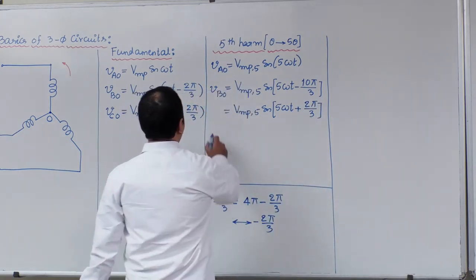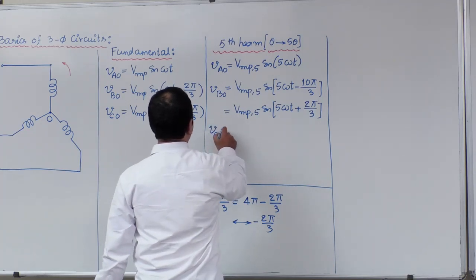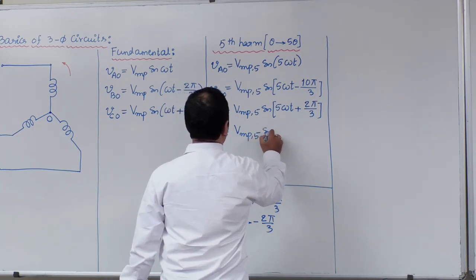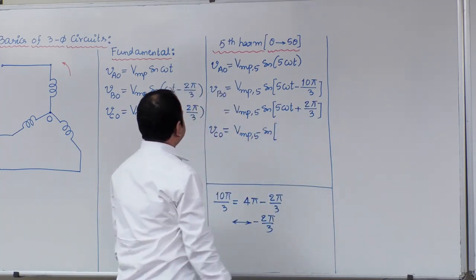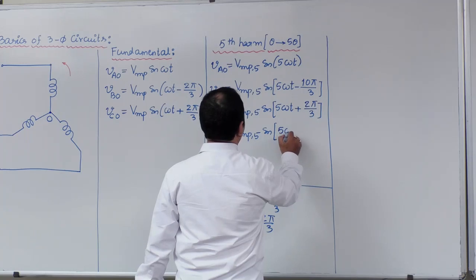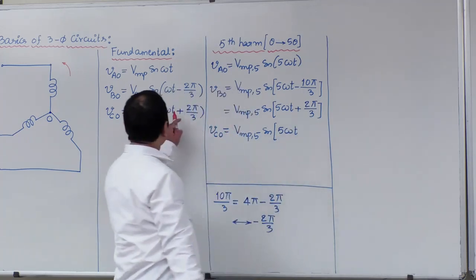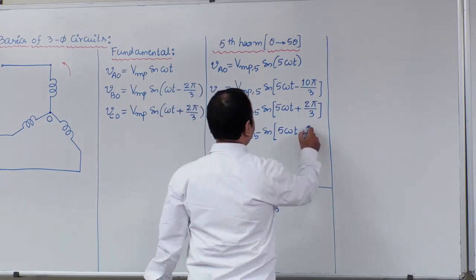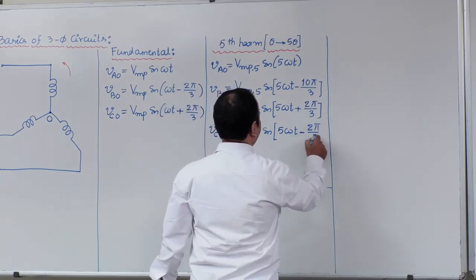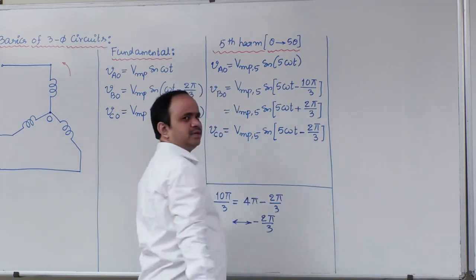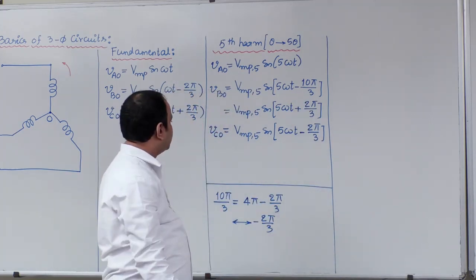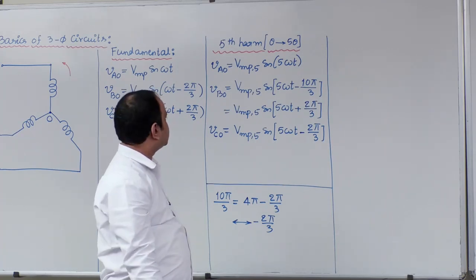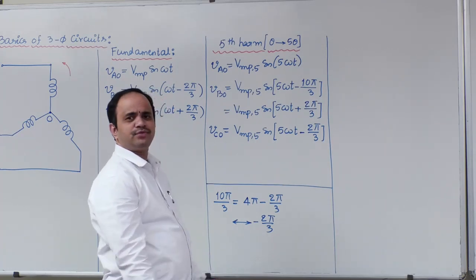Similarly, VCO will be VMP5 sin of 5 omega t plus 10 pi by 3. Plus 10 pi by 3 can be written as minus 2 pi by 3. So these are the three basic equations corresponding to the fifth harmonic.